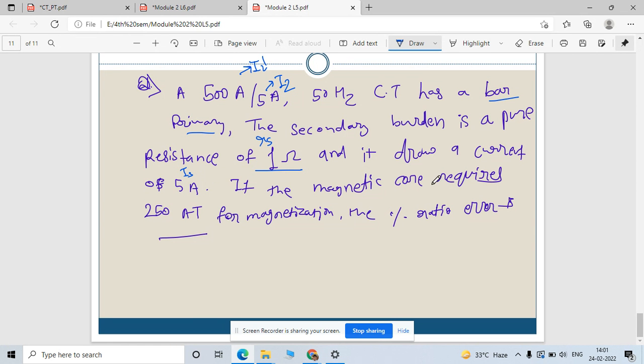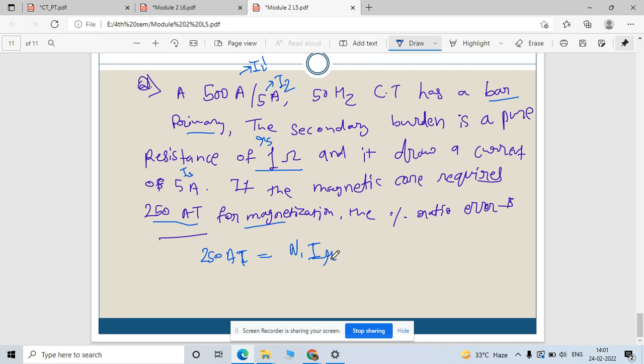The magnitude of this core required is 250 ampere turn for your magnetization. So this 250 ampere turn is your magnetization, which is nothing but your N1 I0, because the main circuit is in the primary. The secondary is for measuring purposes, 5 ampere only, so the main excitation is from the primary.